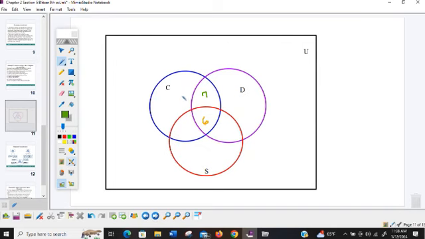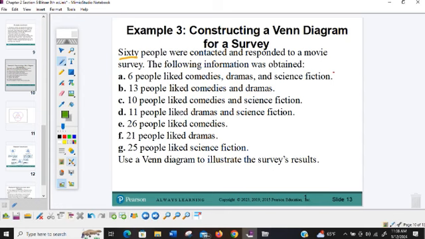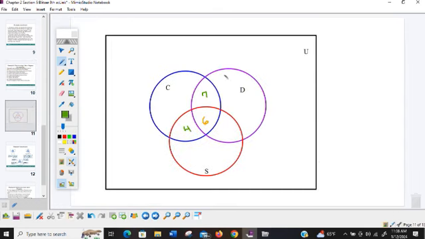I need 10 between the blue and the red circle. I have 6. I need 4 more. 11 people like dramas and science fiction. Between the purple and the red, right here, I need 11. I have 6. I need 5 more.